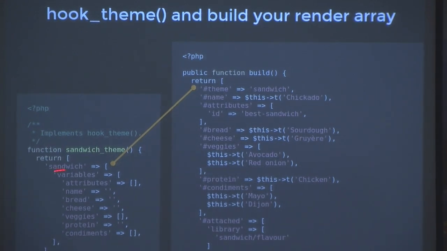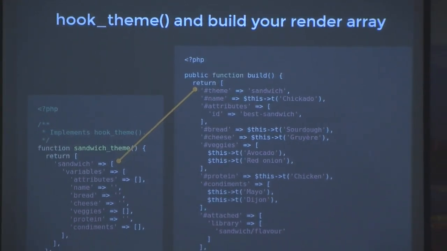And in here, I provide the metadata related to that theme hook implementation. The most common one that you will always need, the minimum requirement, is to have the variables that you are able to pass along to the template. The reason why we have this variable setting in the hook_theme implementation is that we want to make sure that these values always exist when something is happening in the theme system.